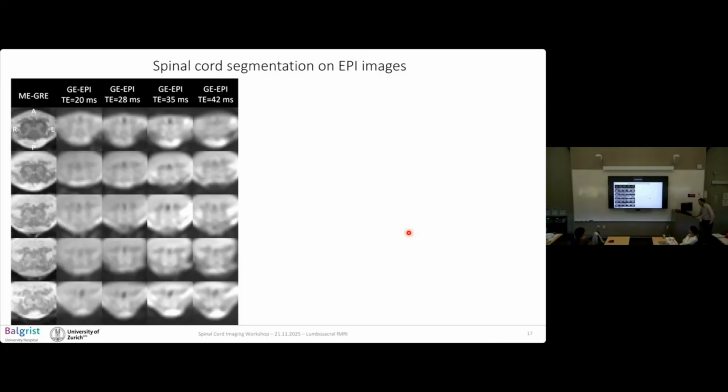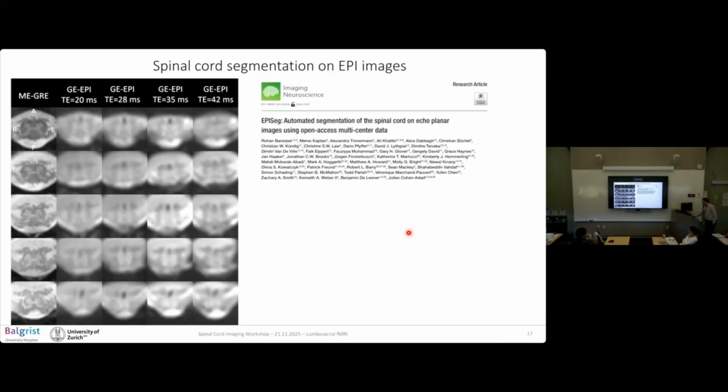So, the segmentation of the EPI images. Here there are a few examples of the mean EPI images acquired at different echo times, along with the corresponding structural image, and you can see that the contrast between the spinal cord and the CSF is not so great on the EPI images. We talked yesterday about the EPI-seg method.